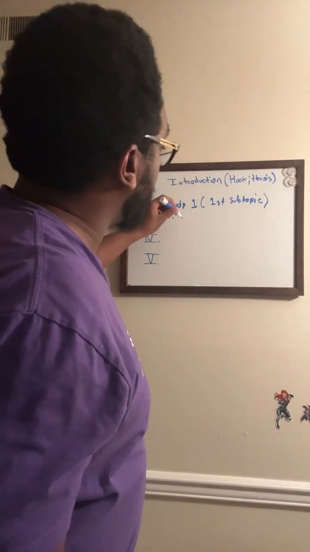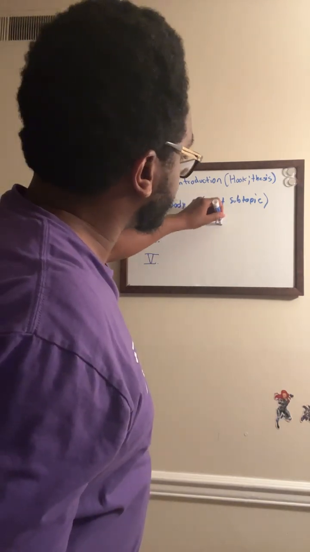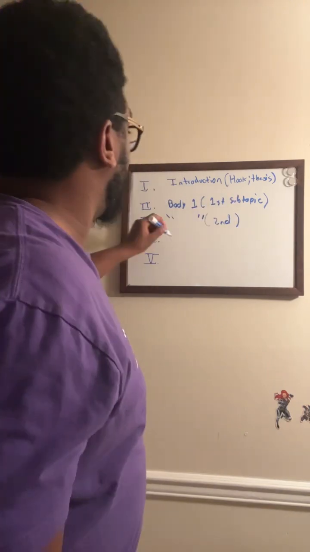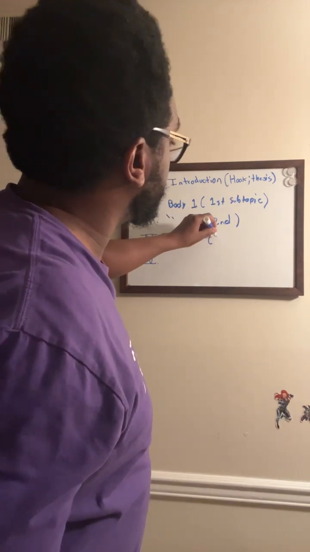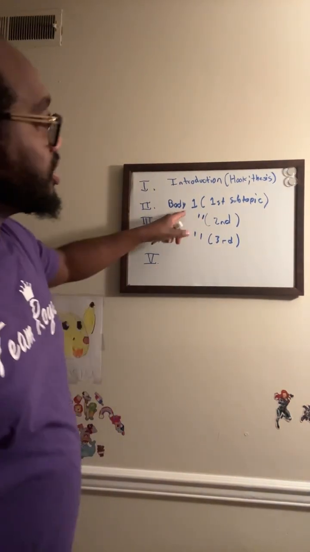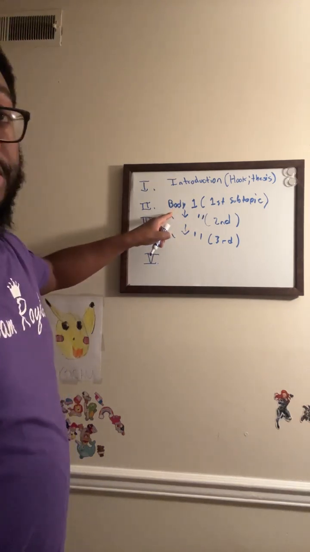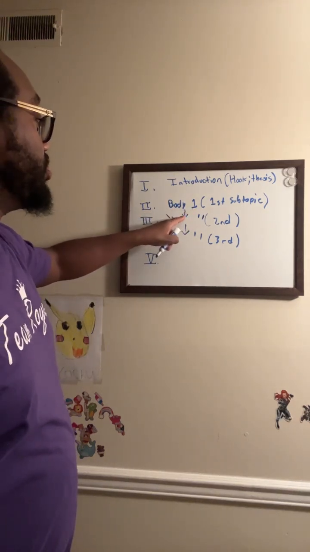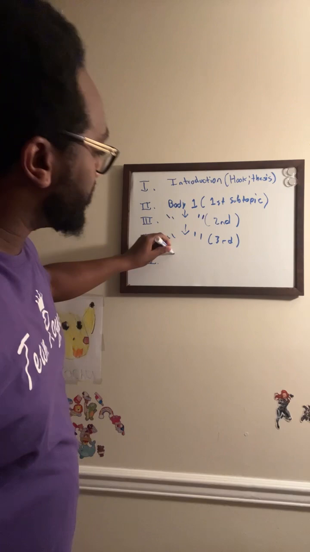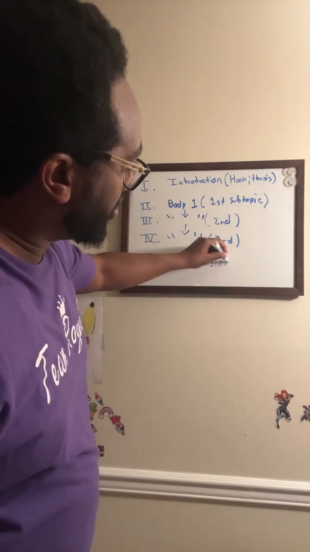Here's the body 2, which is your second subtopic. Body 3, which is your third. What are these little quotation marks? Pretend it's just taking the place of what I got right there. So body 1, this would be body 2, body 3, and then right here, your conclusion. All right.